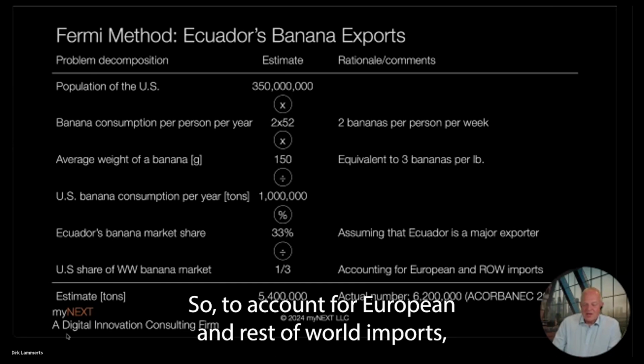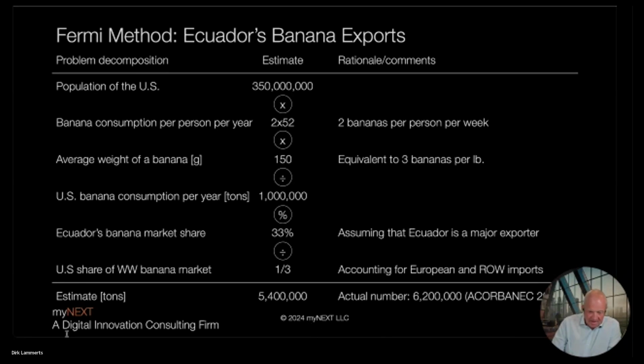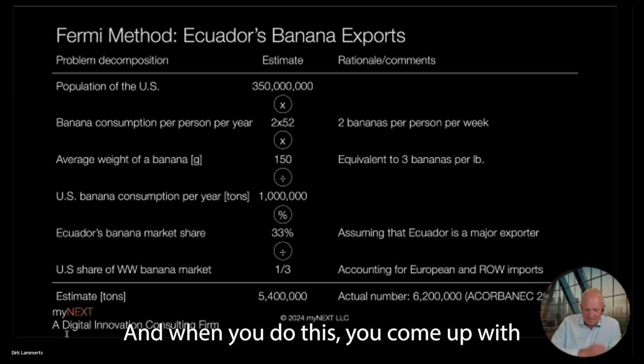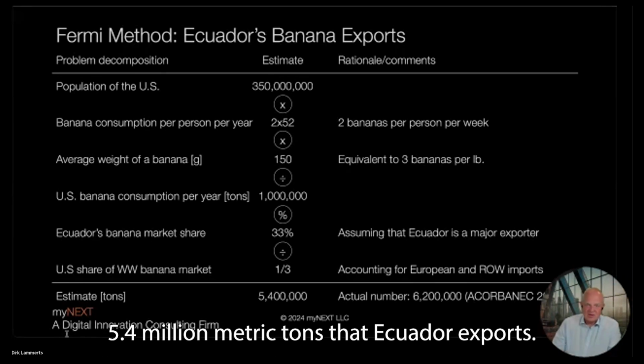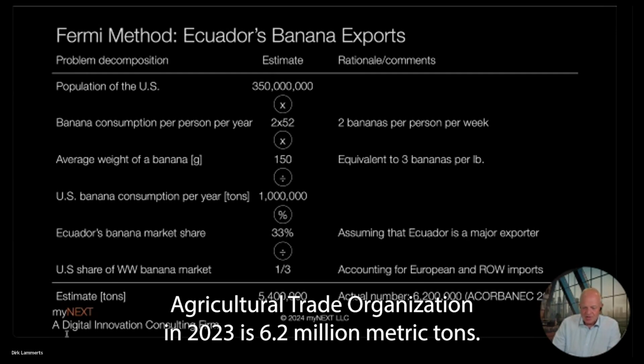So to account for European and rest of world imports, you divide by 1/3 or you multiply by 3. And when you do this, you come up with 5.4 million metric tons that Ecuador exports. The actual number from the Ecuadorian Agricultural Trade Organization in 2023 is 6.2 million metric tons.